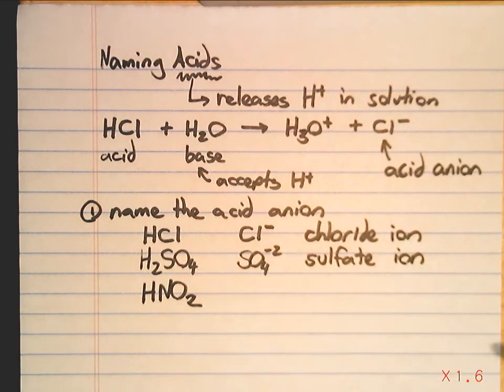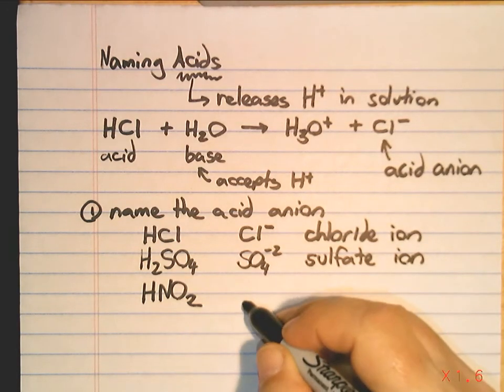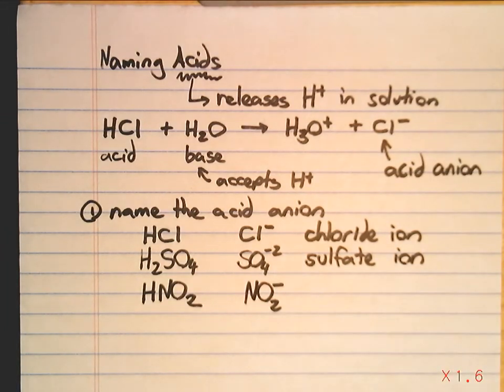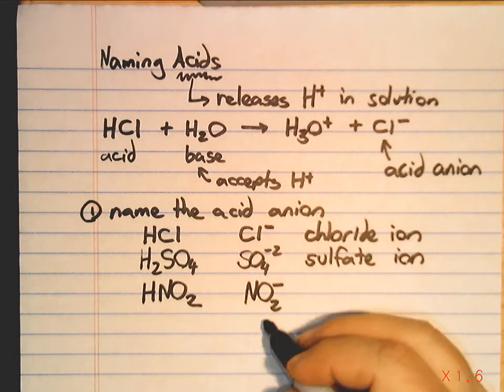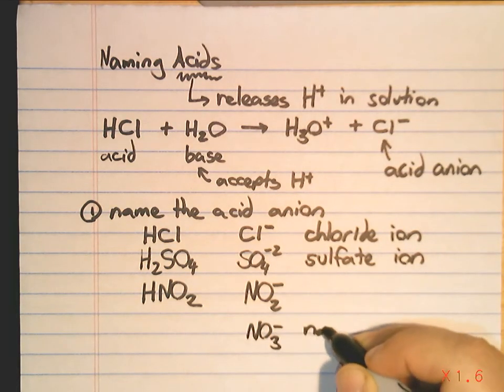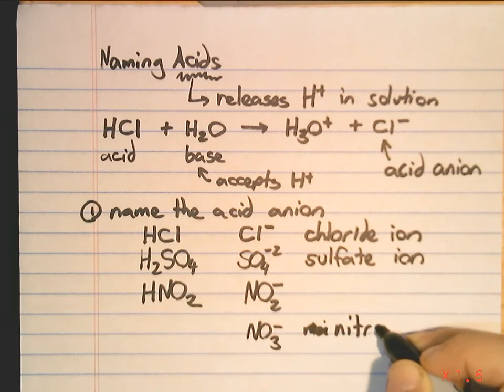If you pull off the hydrogen ion on the front, you have this ion left behind. Now what would that be called? On your polyatomic ion list, you don't have NO2-, but you do have NO3-. You know that one's called a nitrate ion.